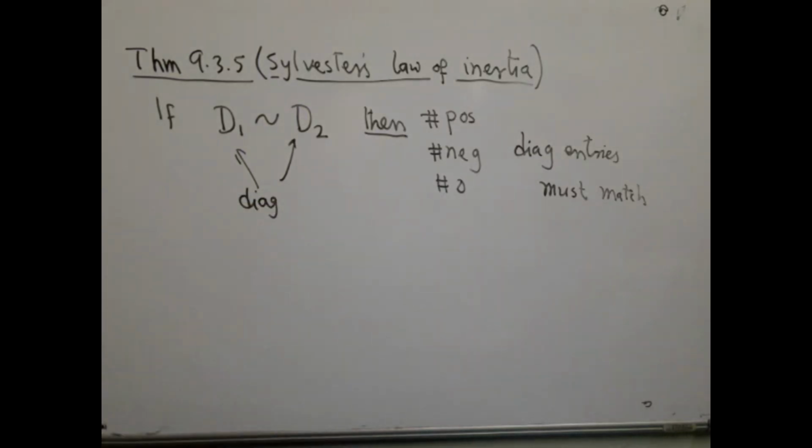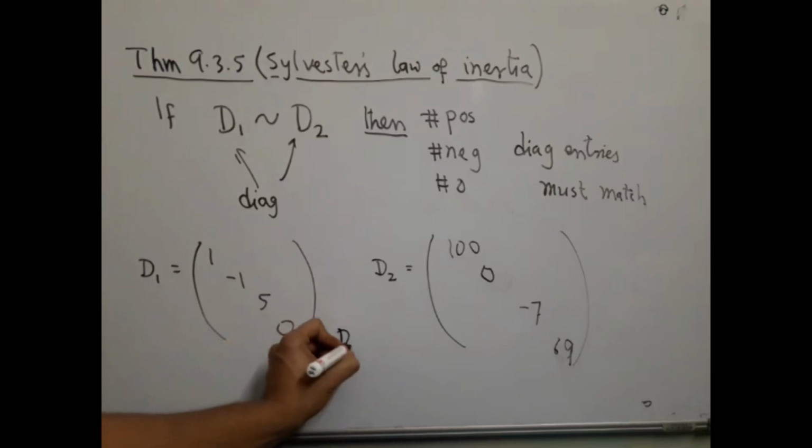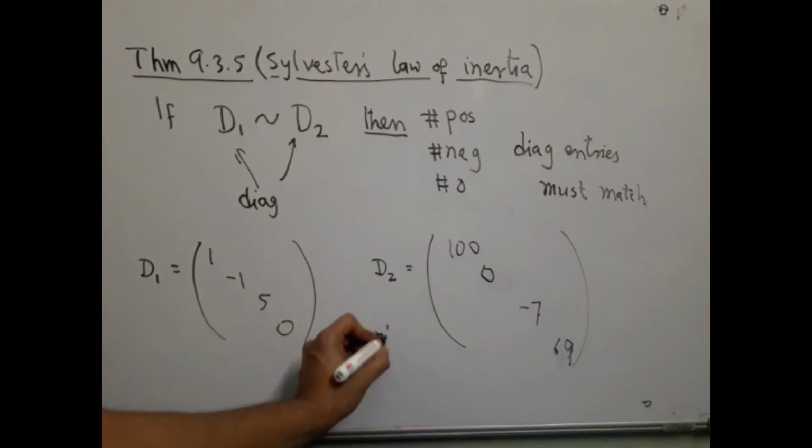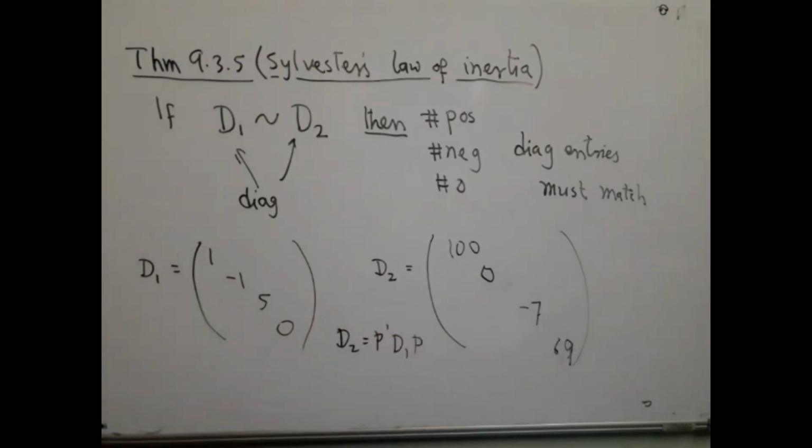So let's take an example first. It is quite possible that this D1 and this D2 are actually congruent. That is, you can find some non-singular matrix such that D1 and D2 are related like this: D2 is P transpose D1 P, where P is a non-singular matrix.